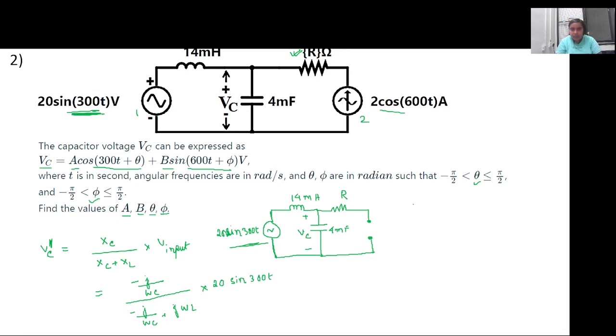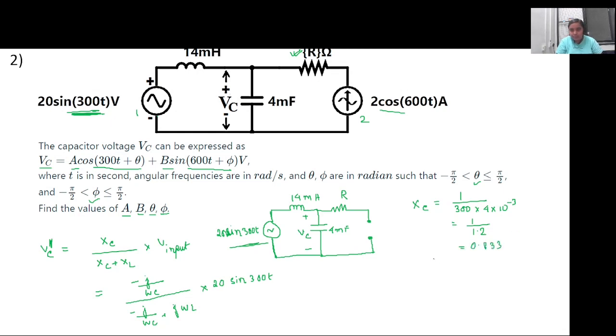Let's just calculate Xc and XL first. Xc is 1 by omega C, where omega is 300 and C is 4 millifarad. So it is 0.833, right? Yes.